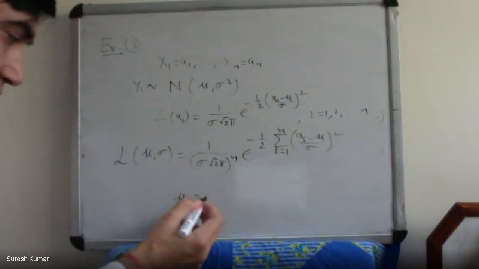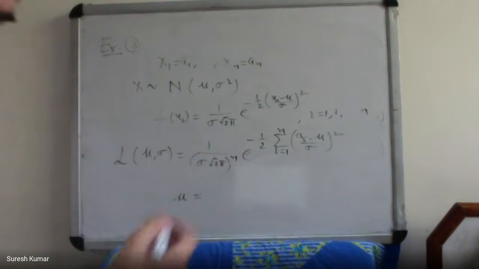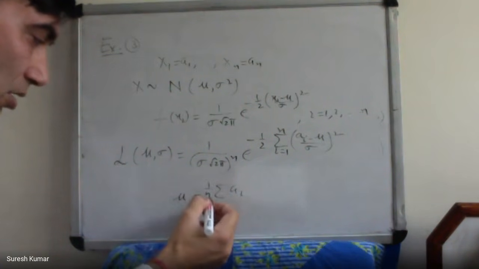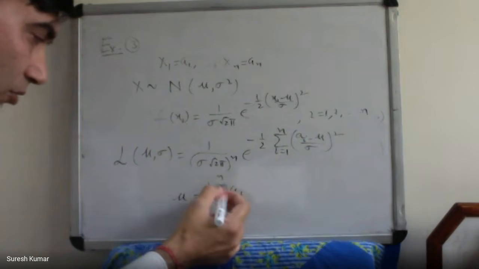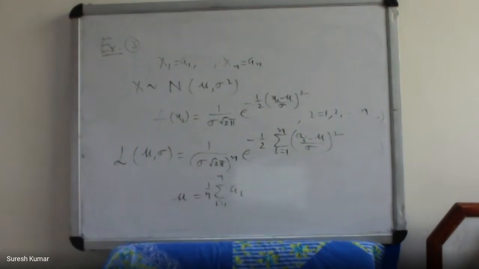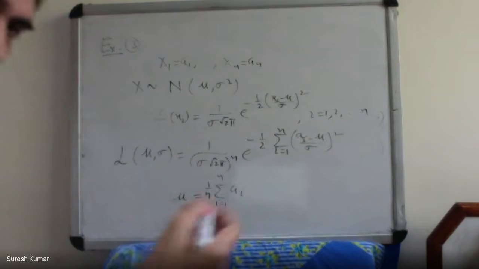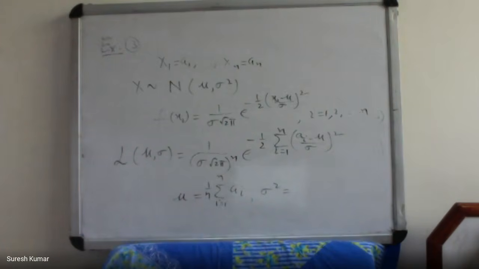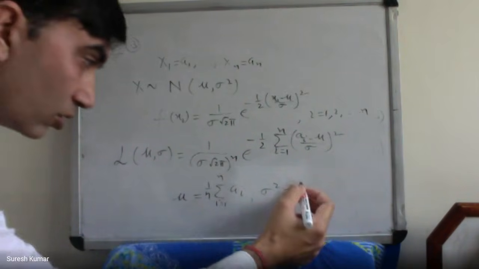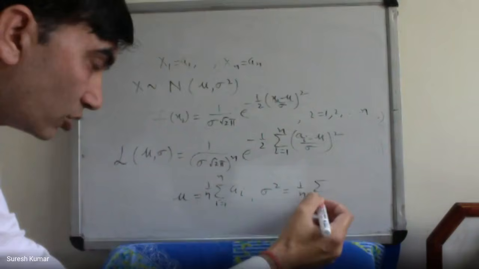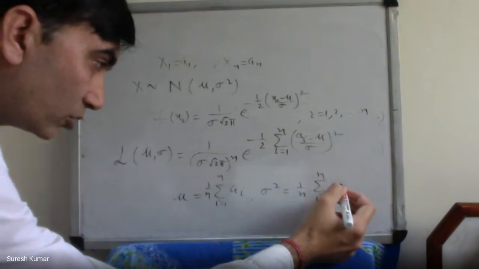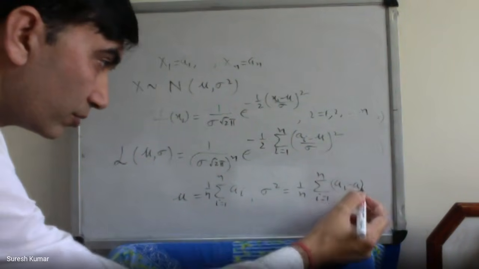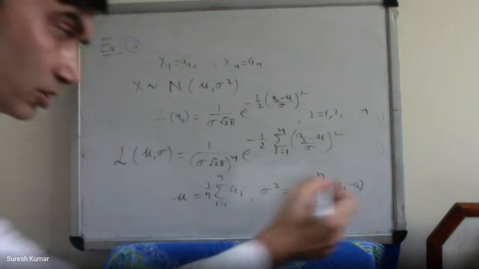You will get mu equal to 1 by n summation ai, i from 1 to n. And sigma square turns out to be 1 over n summation i varying from 1 to n (ai minus a bar) whole square.